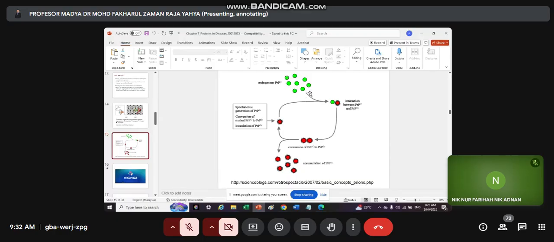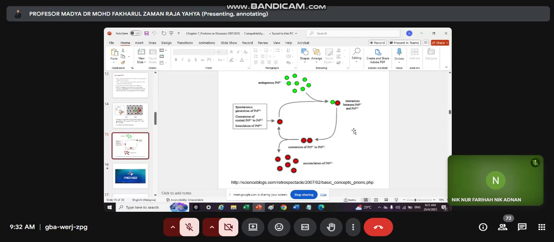However, when this normal prion protein or PrPC interacts with any PrPSc or scrapie prion protein, the normal one is converted to an abnormal one.